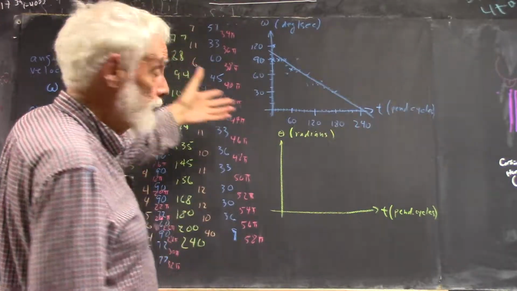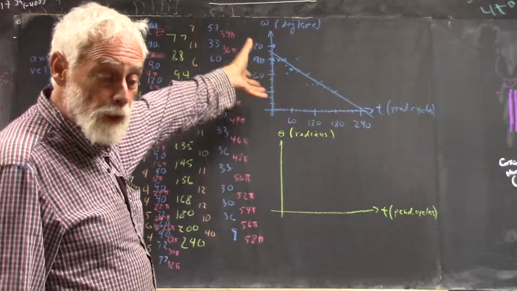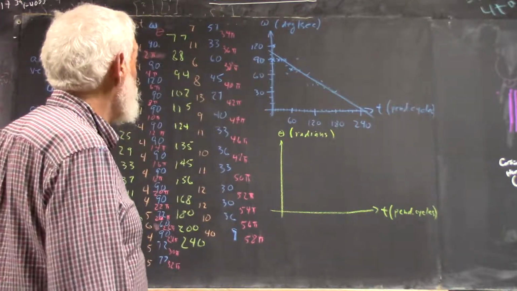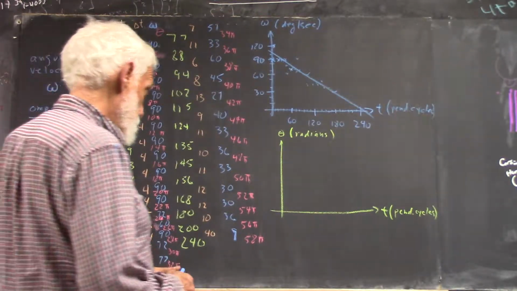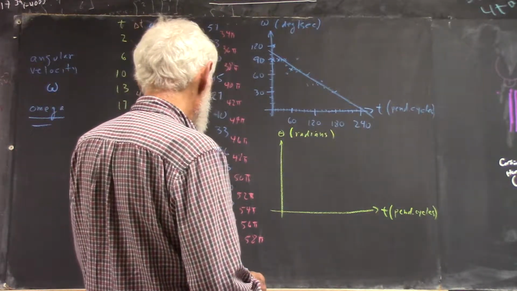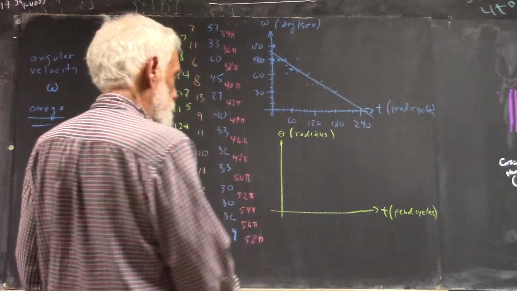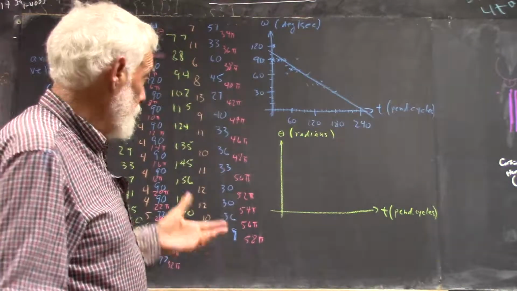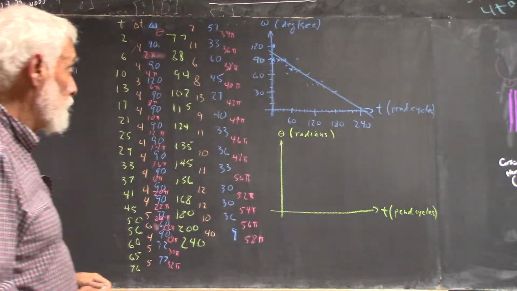Now you're going to be asked for homework to find the equation of that line and so forth. Okay? And hopefully your mathematics is up to doing that since this is a calculus-based course.